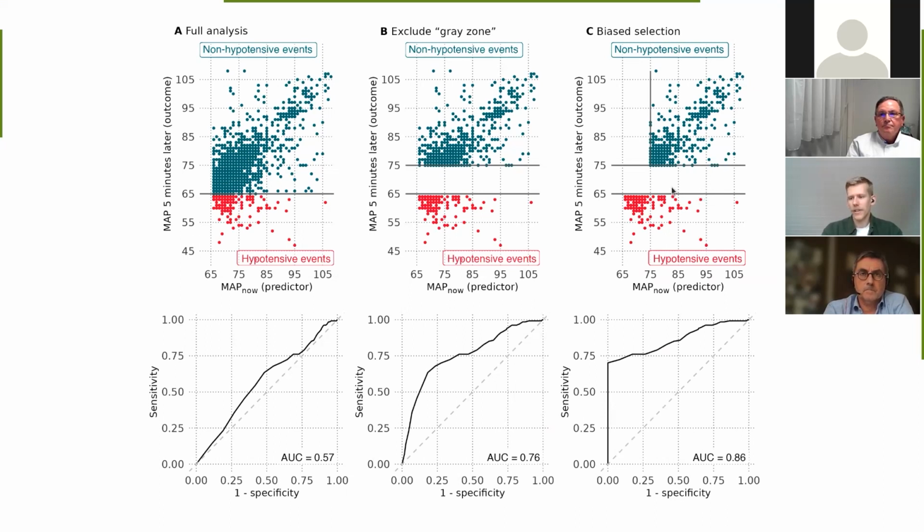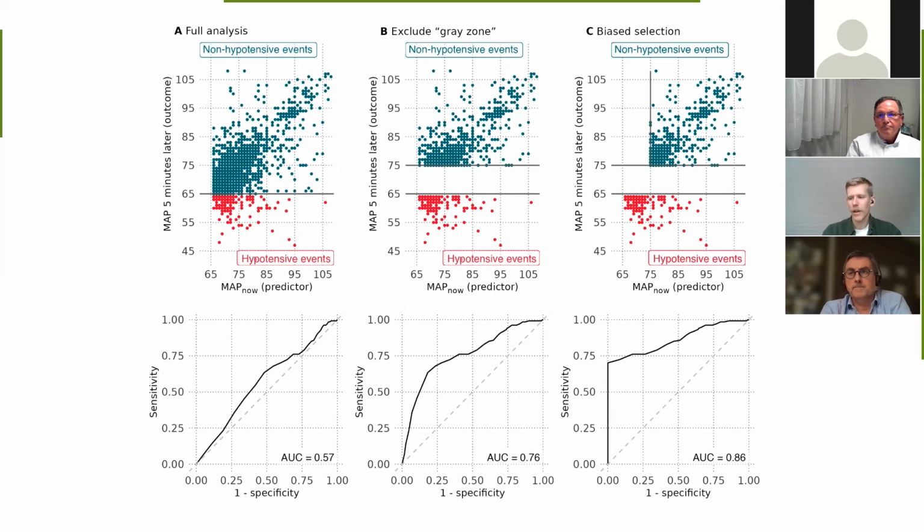What they actually did was create this biased selection shown in the right panel, where non-hypotensive events always have a MAP above 75 in the prediction data, whereas hypotensive events can have any MAP value in the prediction data. And we can see that this selection results in a MAP curve with the same extreme specificity as presented in the original HPI article.